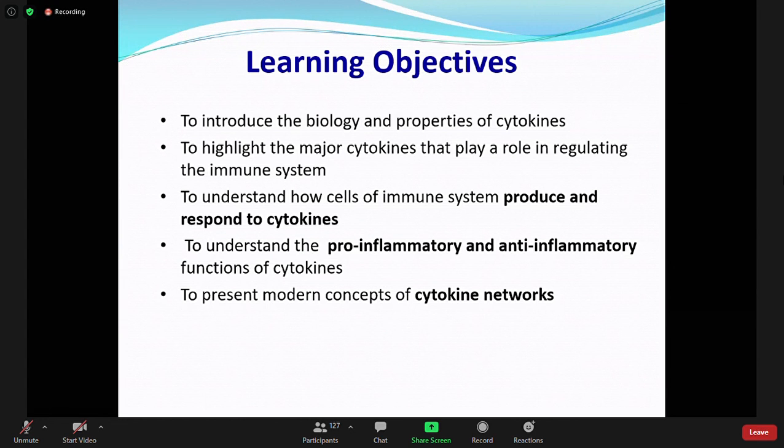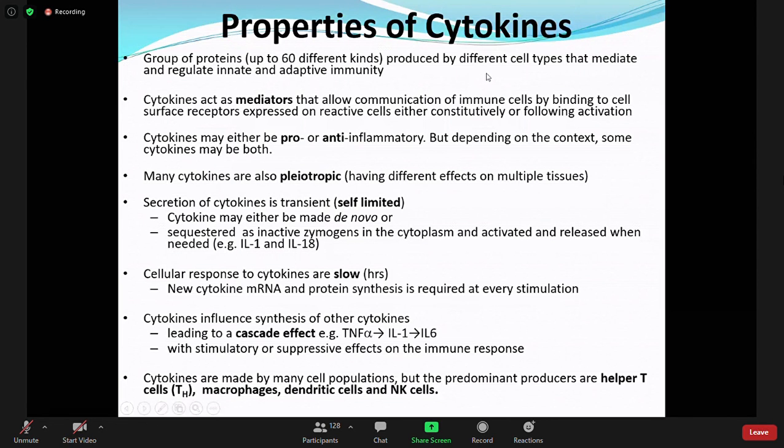They can both stimulate and have negative downregulatory activities. And then just to give you an example of a type of cytokine network interaction. So we first need to understand the general properties of the cytokines. As I said, there are up to 60 different kinds, and more are being discovered every year.